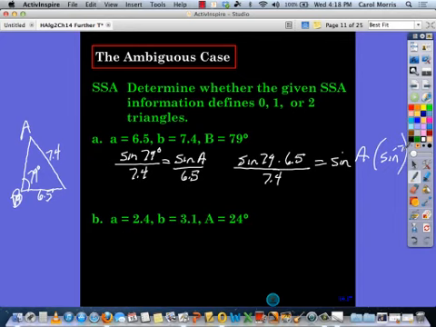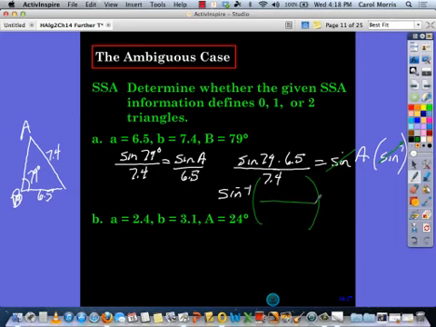So let's do inverse sine, and we should get our angle value. Okay, inverse sine of this combination that I'm not going to rewrite.